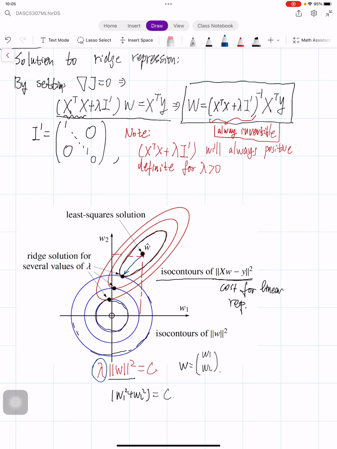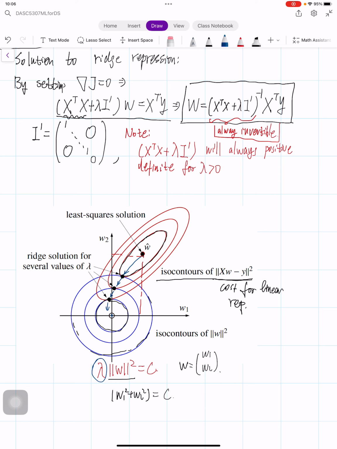The larger the lambda value is, the bigger the shrinkage we have. If lambda equals infinity, all the weights, meaning all the coefficients, will be 0. If you give a smaller lambda, it's closer to the original solution.